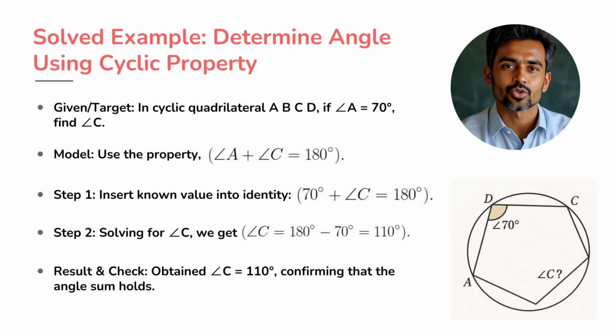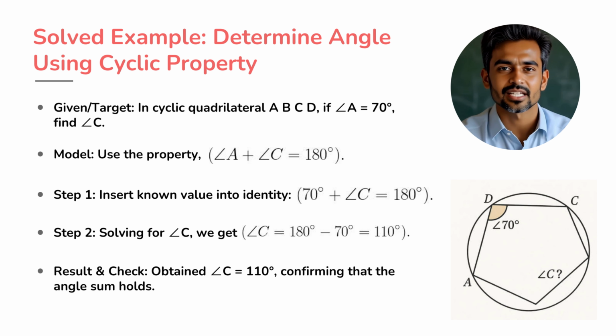Let's put our knowledge to work with a simple example. Suppose in cyclic quadrilateral ABCD, angle A is given as 70 degrees and you are asked to find angle C. What will you do? Remember the key property. Angle A plus angle C equals 180 degrees. Step 1. Plug in the known value. 70 degrees plus angle C equals 180 degrees. Step 2.